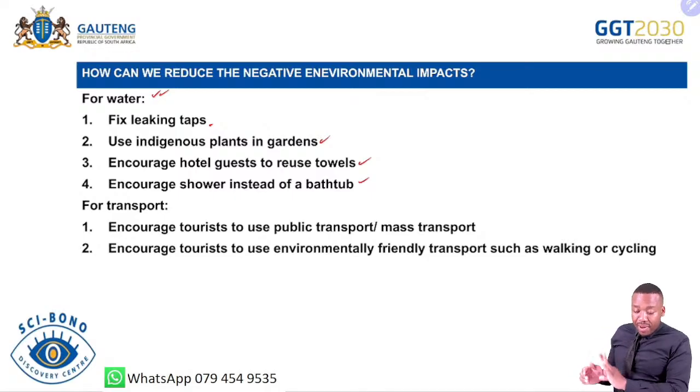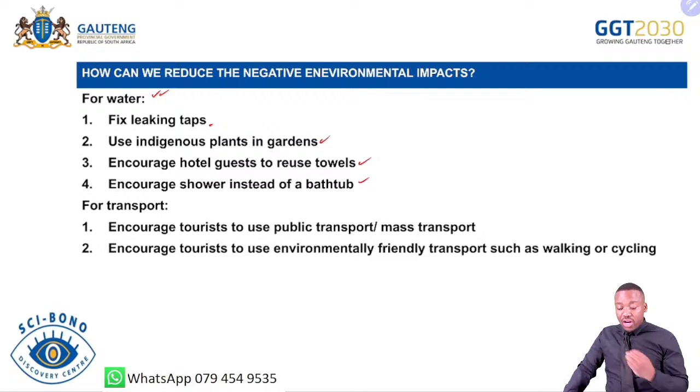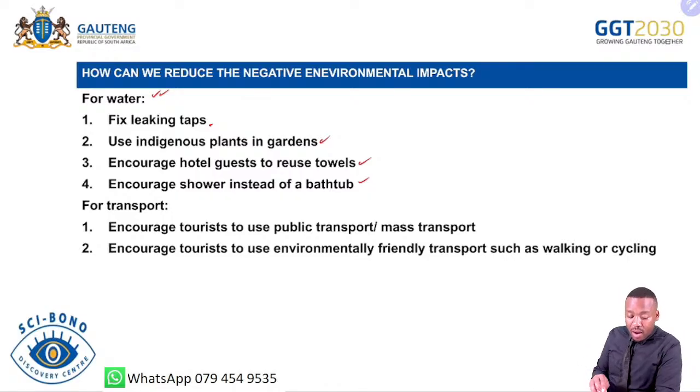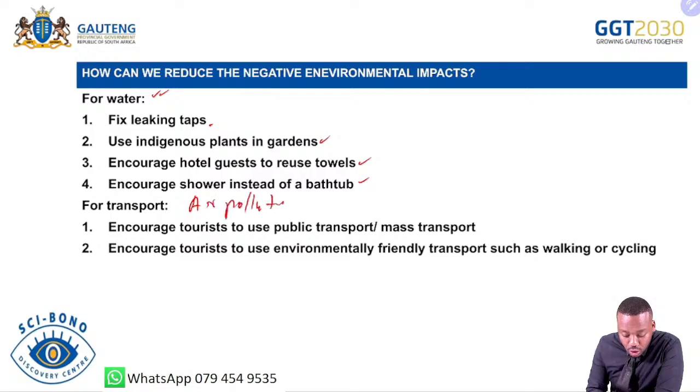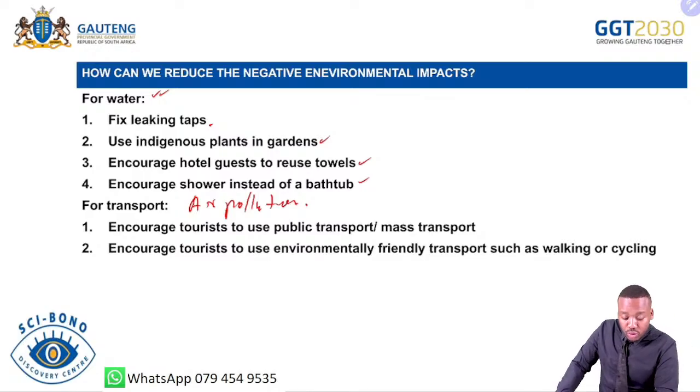Then impact number 3, we spoke about transport, right? We said that because this is tourism, it entails movement. And remember, when we said transport, we said we're talking about air pollution, right? So in terms of transport, what can you do to reduce the impact on the natural environment?